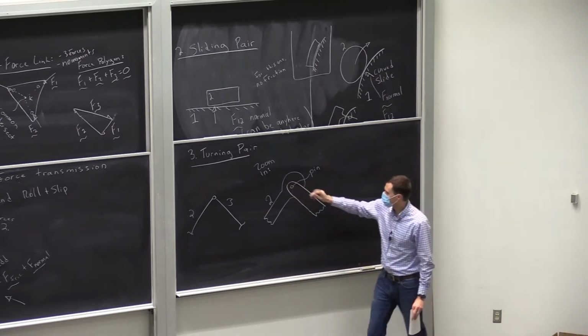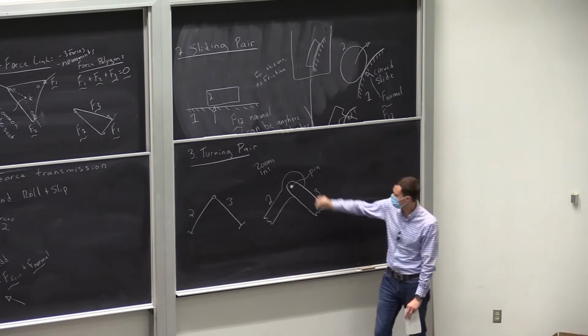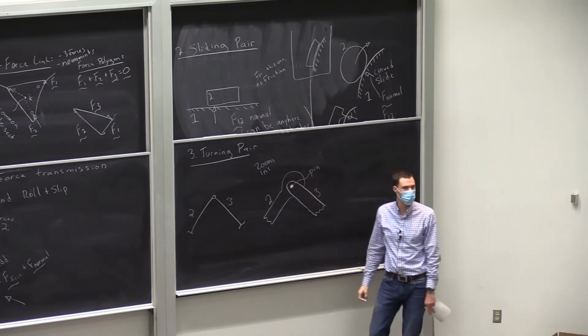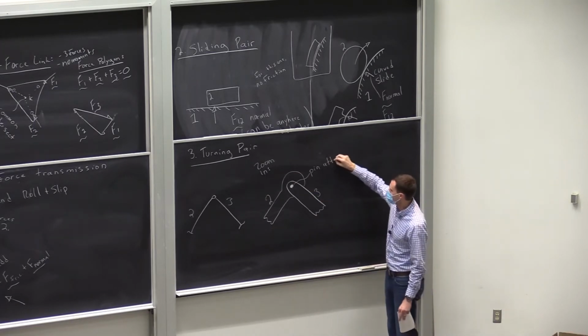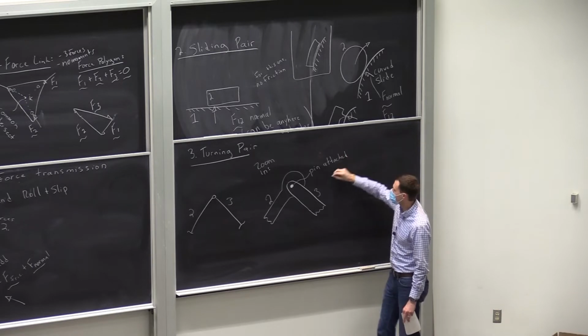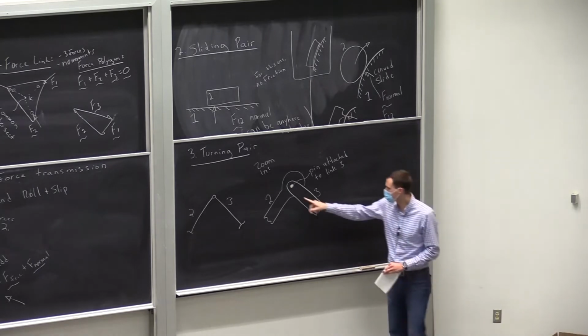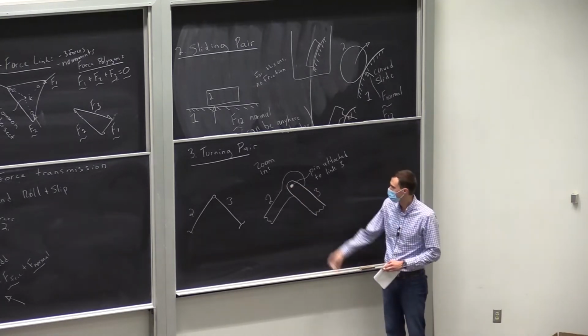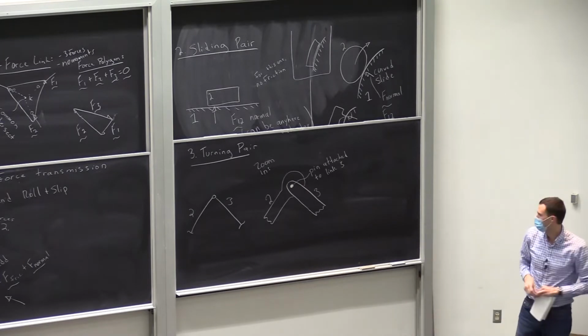But for now, let's just assume it's a pin, a little cylinder of metal that's stuck through the 2 links. And let's assume that this is attached to link 3. Think about it like you 3D printed this link and it has a little pin sticking out and it goes through link 2. And so we can pivot about that point.